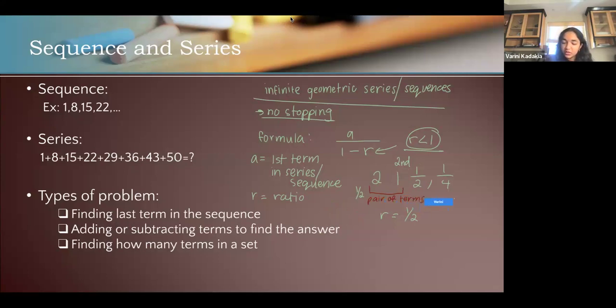So this is our pair of terms, 2 and 1. And you take the rightmost one and you divide it by the other one. So you get 1/2 for this. Does that make sense to everyone or no?